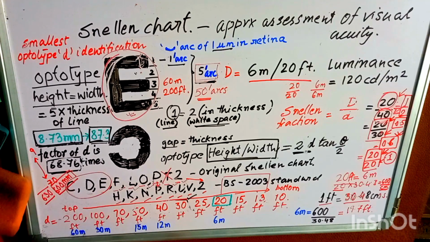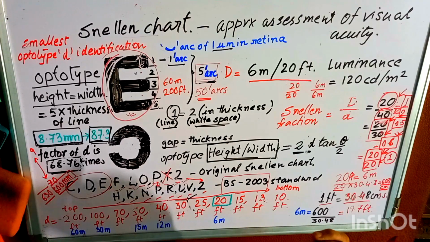If it is a 30 feet away optotype line, then I should have read it from 20 feet. A normal eye reads that optotype from 30 feet, which I cannot read at 20 feet. So I have a defect. And what is the defect?